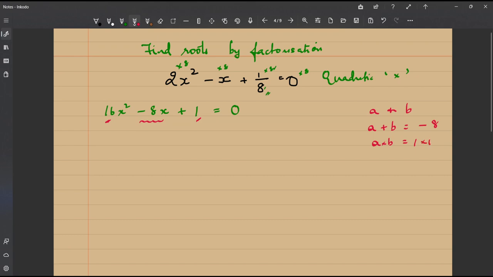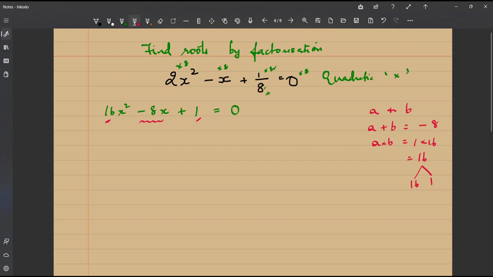So the product is 16. We will have to look for two numbers a and b such that their product is 16 and their sum is minus 8. So let's start looking for factors of 16.